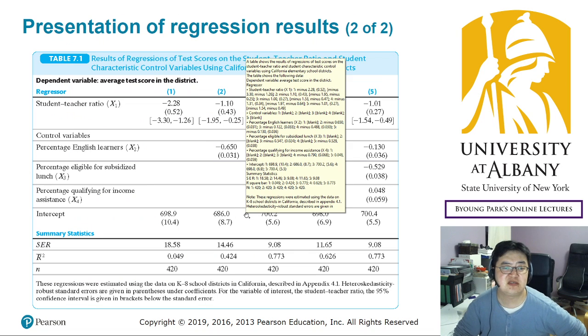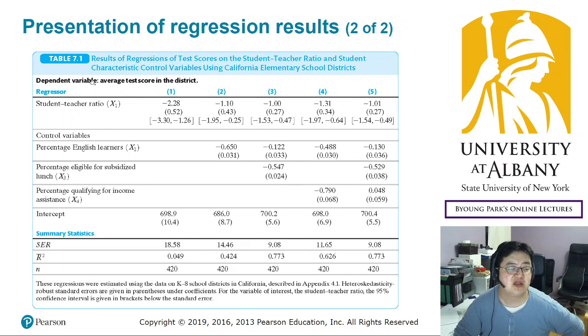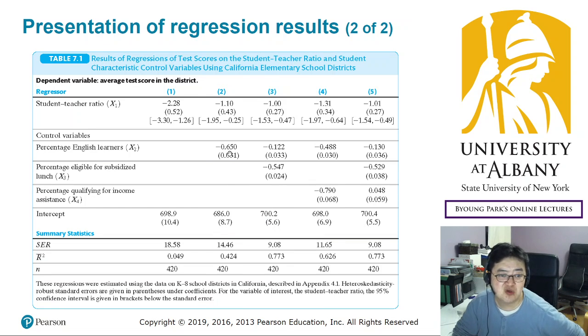And then this is the result. It looks more fancy, but basically this is the same structure as what you have done in homework 3. Maybe the only difference is that below each estimate, you see a parenthesis, and inside the parenthesis is the standard error. So 0.031 is the standard error for this estimate. And the first variable has a confidence interval.